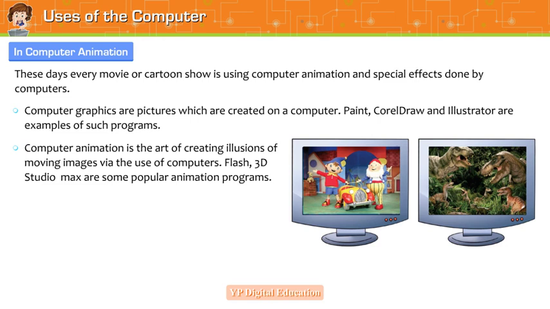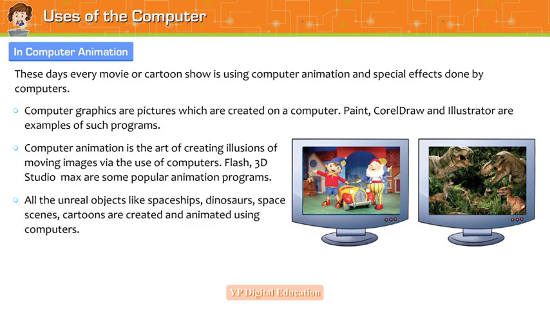Computer animation is the art of creating illusions of moving images via the use of computers. Flash, 3D Studio Max are some popular animation programs. All the unreal objects like spaceships, dinosaurs, space scenes, cartoons are created and animated using computers.